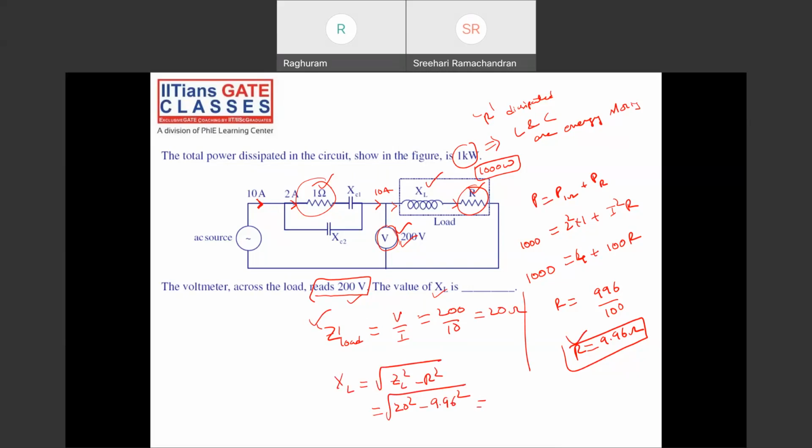This will be XL. Understood? Or shall I repeat? Okay. It is 17.3 ohms.